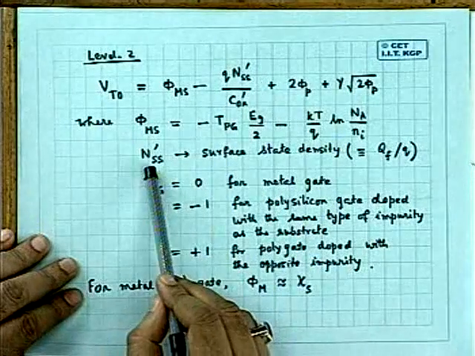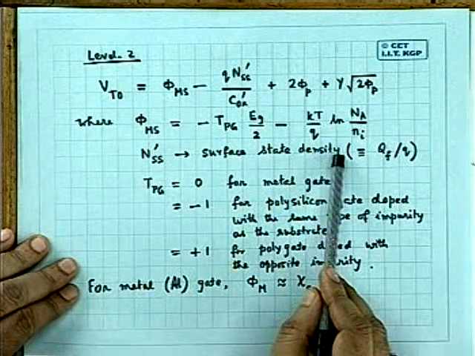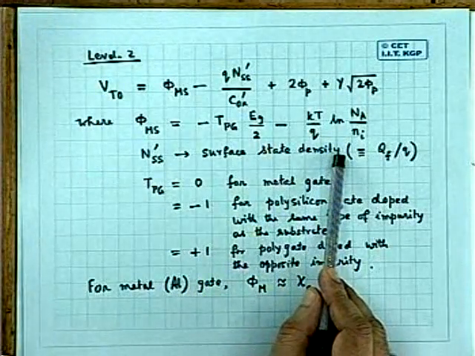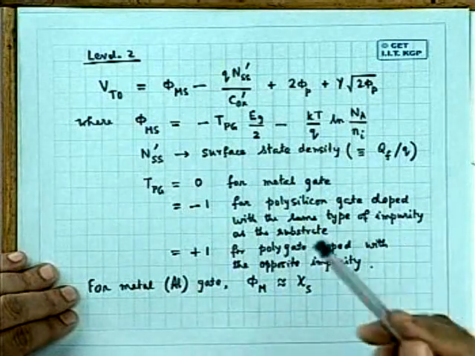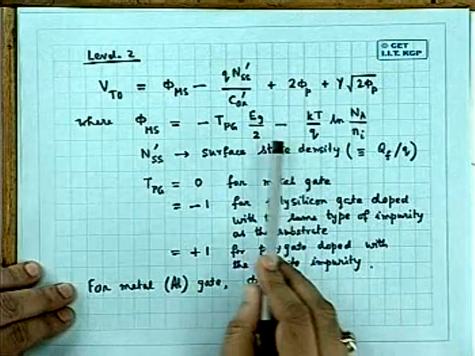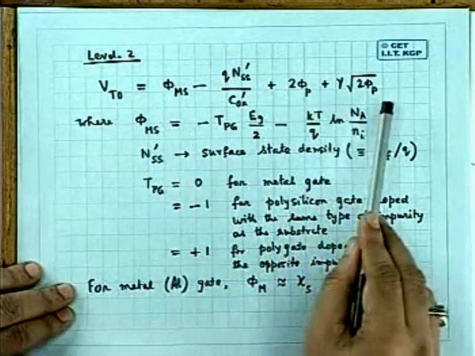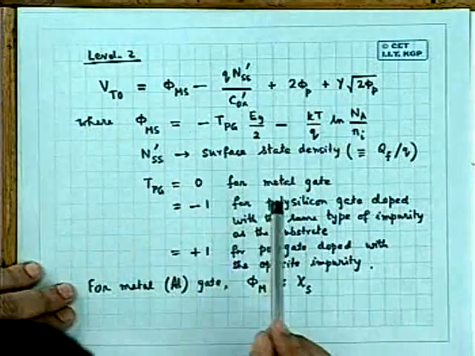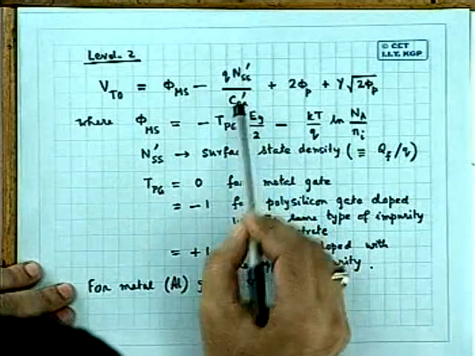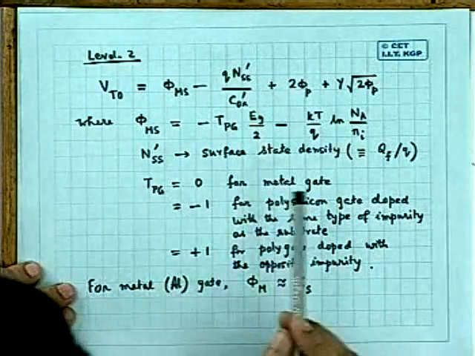So we bring in another parameter NSS, which is nothing but the surface state density located in the oxide. This multiplied by Q is nothing but the fixed oxide charge. This VTO expression is just the derived expression. Only thing, instead of QF by COX we write minus Q NSS dashed by COX dashed.